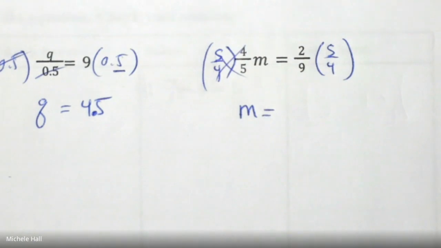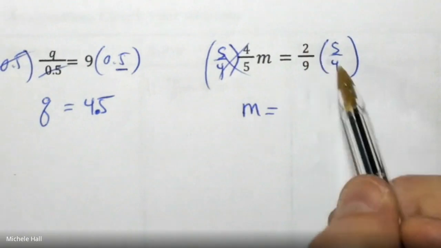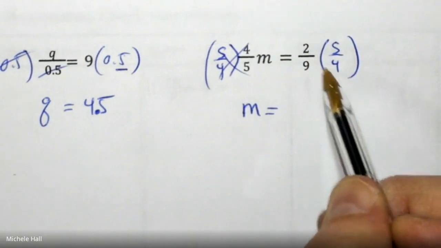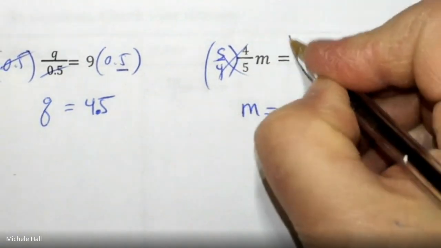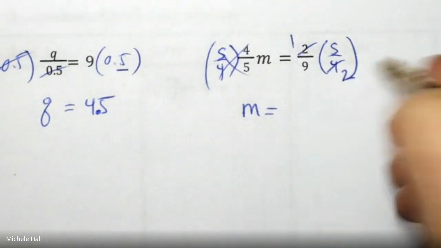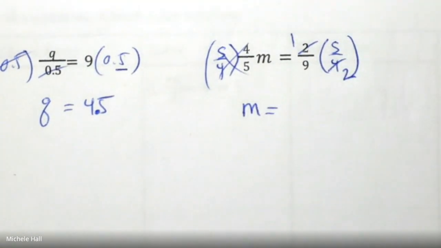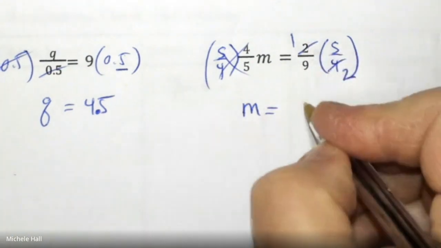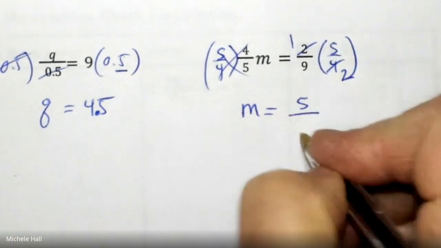What cross cancels? Anything? 2 and 4. Very good. What's the common factor I'm dividing out? 2. 2 divided by 2 is 1. 4 divided by 2 is 2. That's it. Multiply straight across. 1 times 5. 9 times 2.